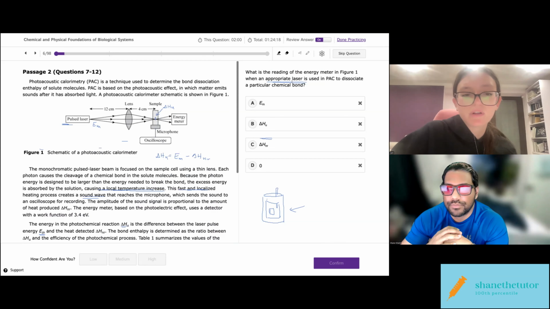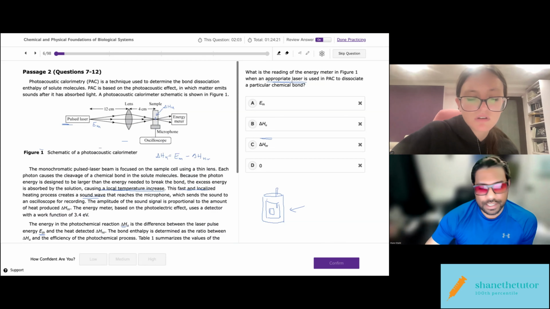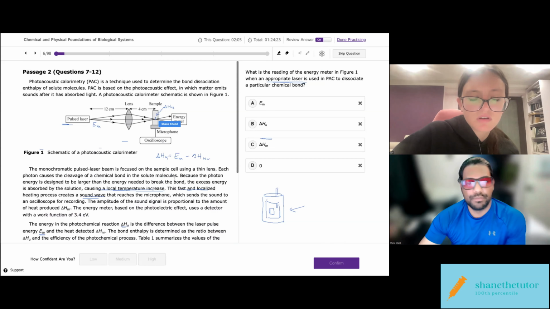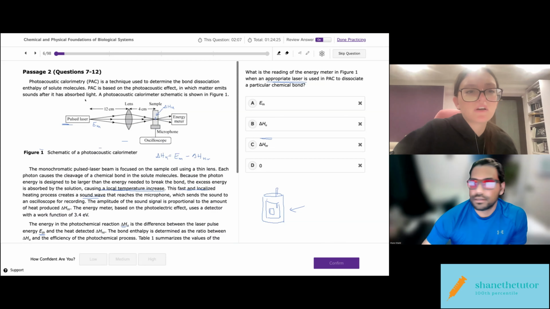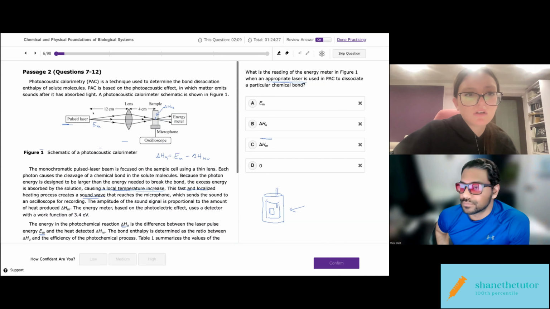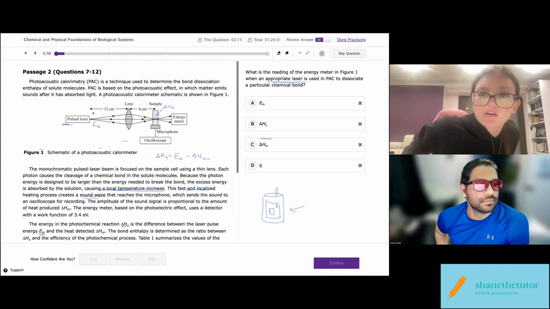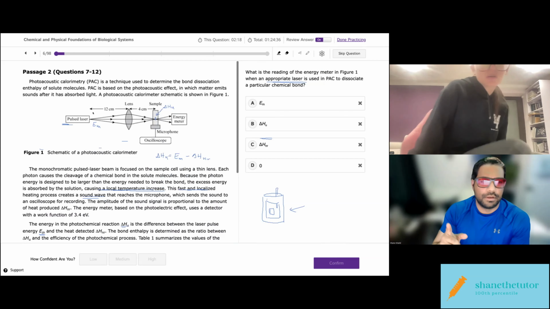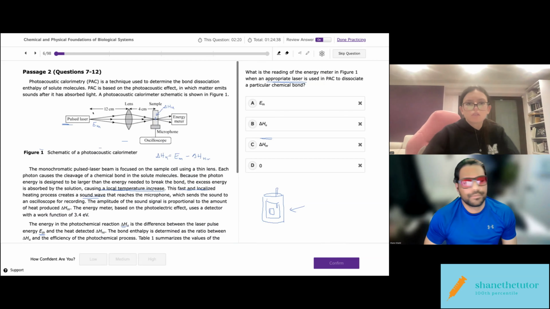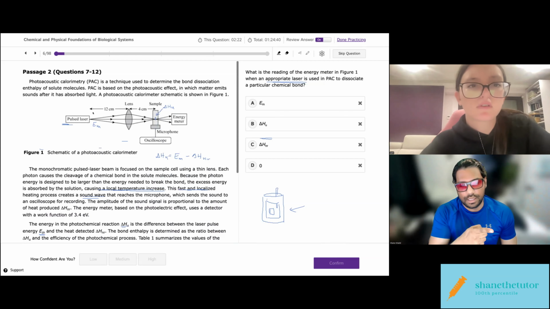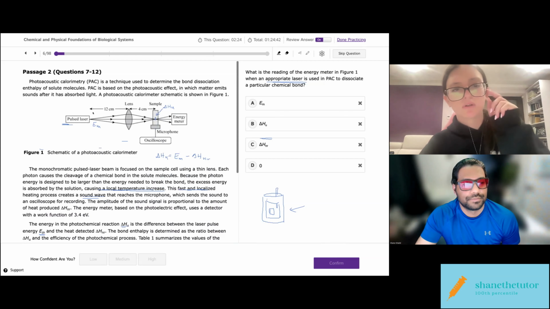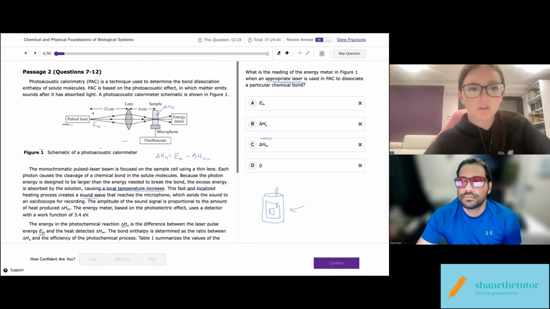So in the sample, here it's a pulse laser, and you're saying that wouldn't it be a pulse laser here too? That's just how PAC works. I'm confused, isn't it just stating that PAC is working the way it's supposed to with the appropriate laser? That's the pulse laser that we're seeing.